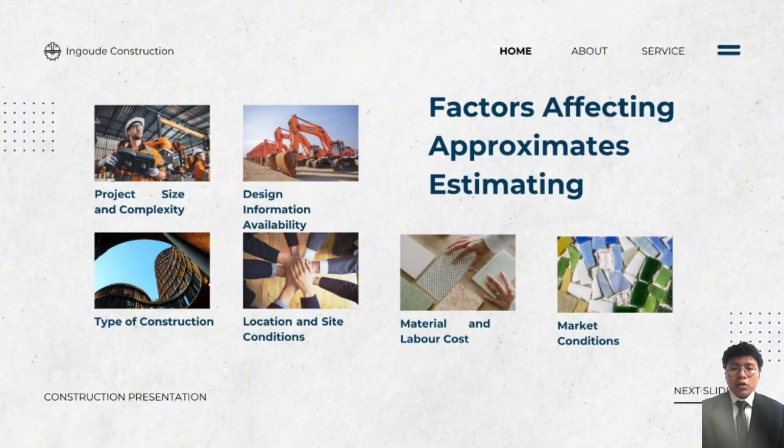Material and labor costs. Local prices of building materials and labor rates can fluctuate. For example, steel or cement costs may go up due to market demand, and a shortage in skilled labor can increase wages. This variation affects the estimated project cost.